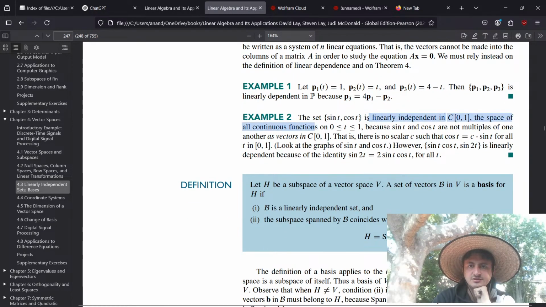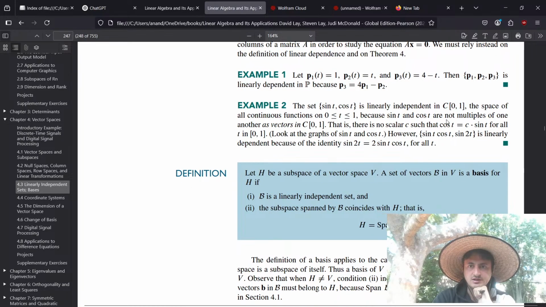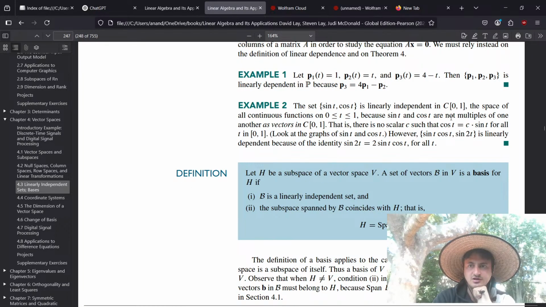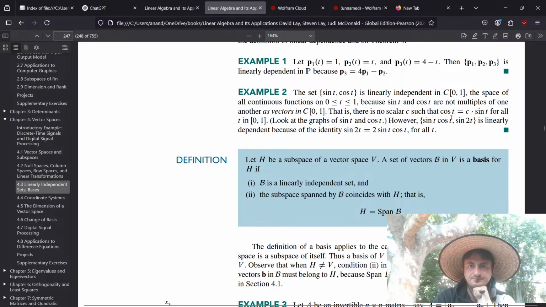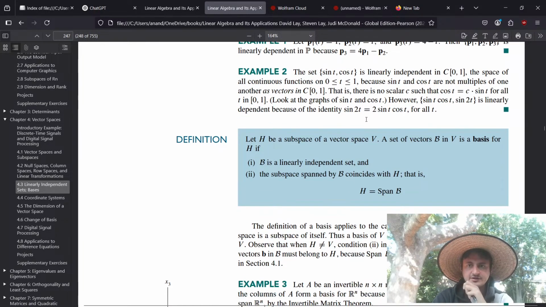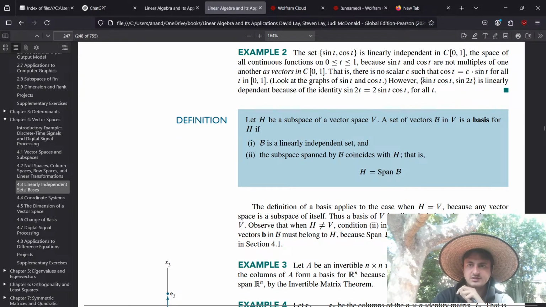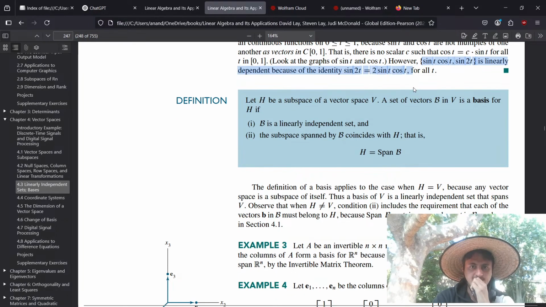Sine t and cosine t are linearly independent in the set of continuous functions on the closed interval 0, 1, because sine t and cosine t are not multiples of one another as vectors. There is no scalar c such that cosine t equals c sine t. All right, that's great. However, sine t, cosine t, and 2 sine t is linearly dependent, because 2 sine t is a multiple of sine t.